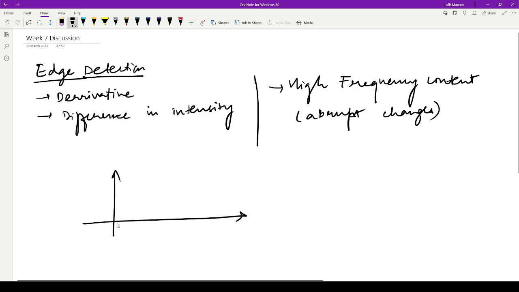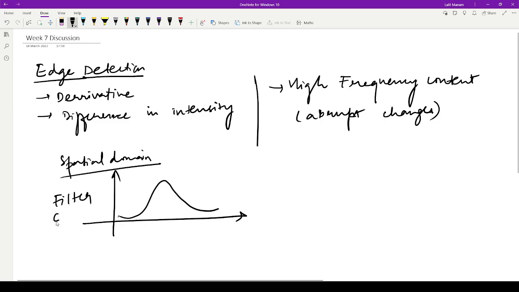So if someone remembers what we just briefly discussed, if you have a low pass filter, all the weights are positive in the spatial domain. These are the filter coefficients with respect to some space variable x, and all of them are positive.